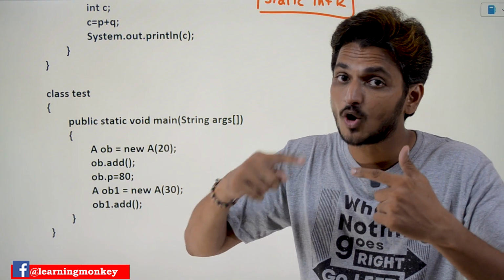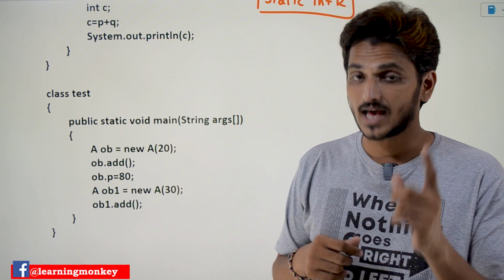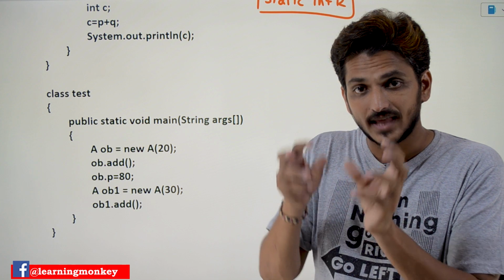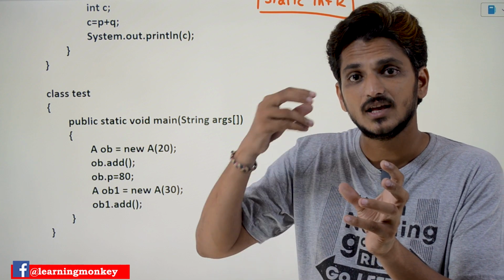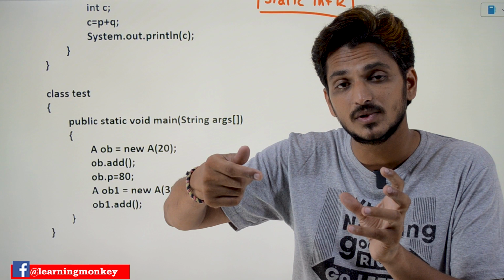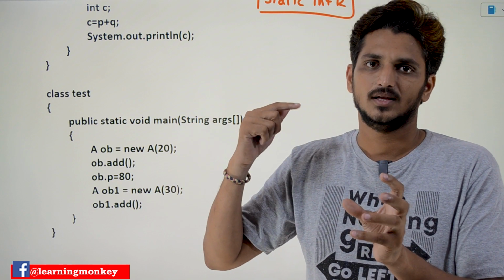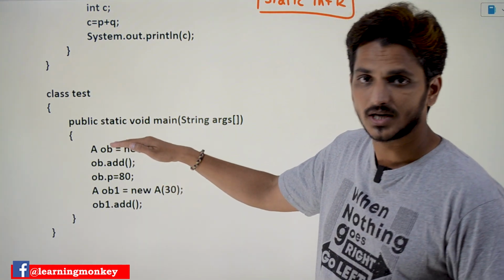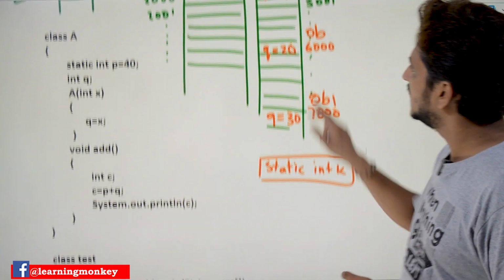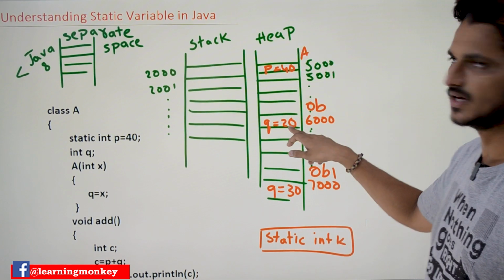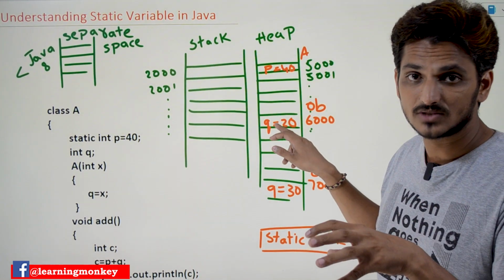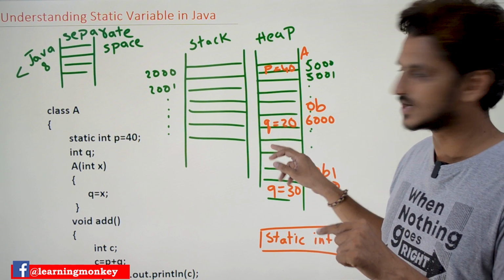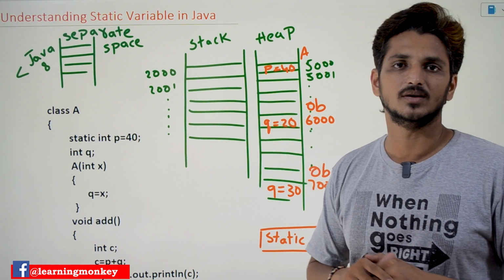This means we are creating an object for class A. Whenever you create an object for class A, it assigns space to instance variables in the heap. This point was made clear in our previous classes. So in the heap space, we assign some space for instance variables. What are the instance variables present in this class? q is the instance variable.